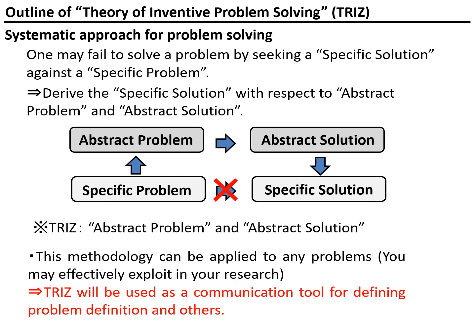But what TRIZ suggests us to do is, we shouldn't try to solve the specific problem directly, but TRIZ provides us with an abstract problem and abstract solution. With respect to the abstract problem and abstract solution, at a higher possibility, we may be able to come to a proper specific solution.